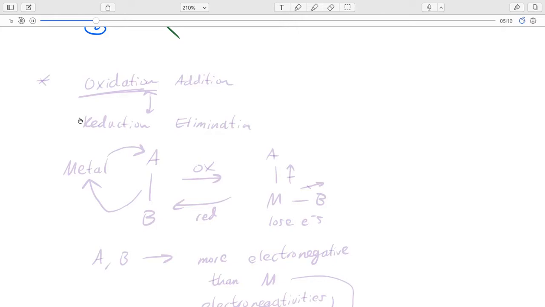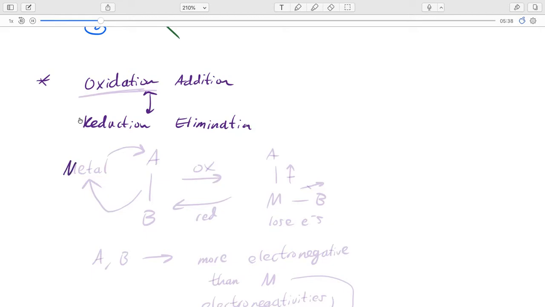Okay. So now we're doing oxidative addition and going to reductive elimination. So as the name implies, these are in fact just opposites of each other. So how does oxidative addition work?